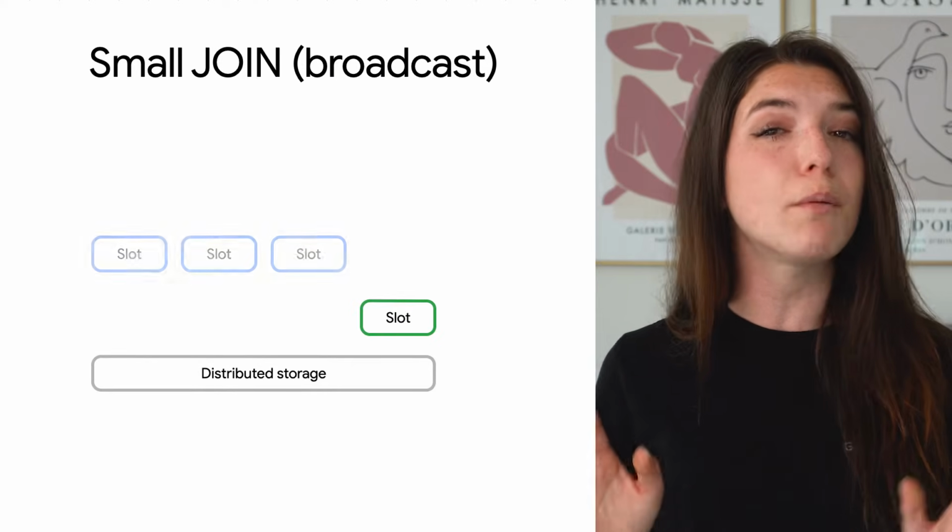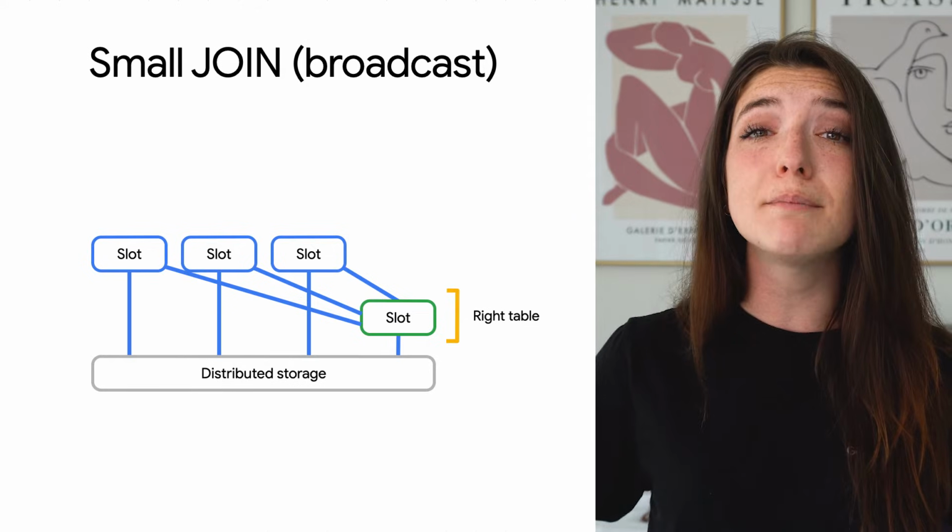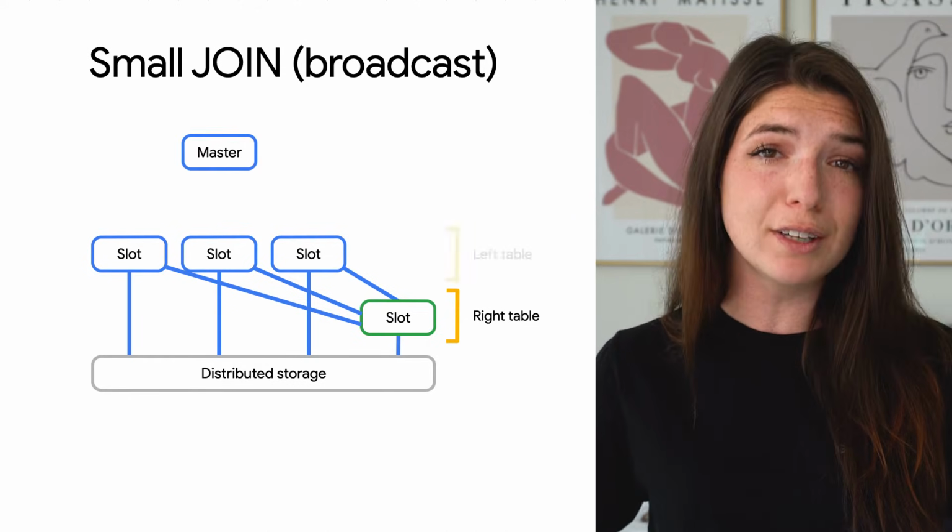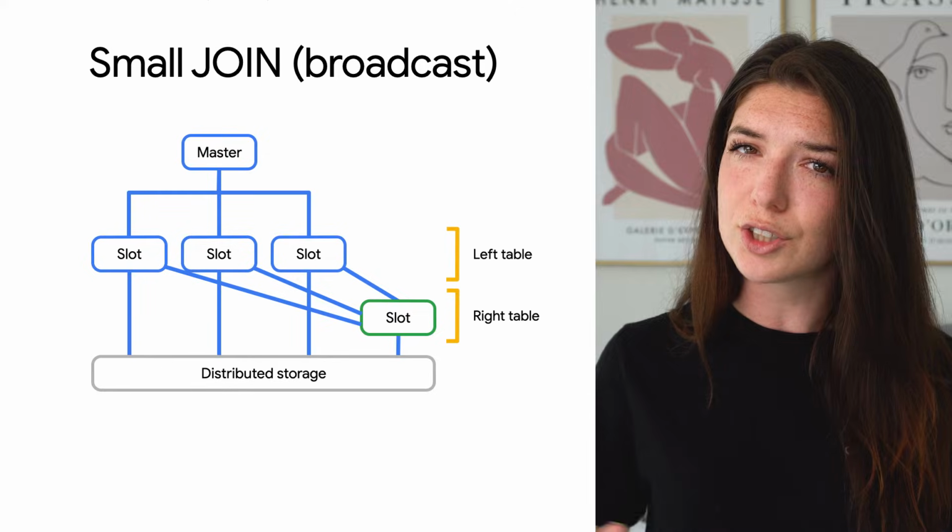On the other hand, if one of your tables is small enough to fit in memory, it's not necessary to shuffle large amounts of data. In a small join, or a broadcast join, BigQuery simply sends the small table to every single node that's processing the larger table.